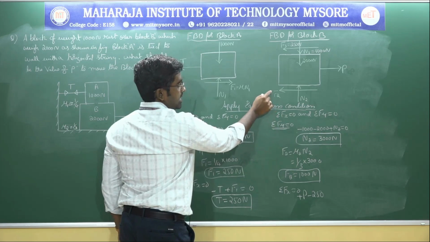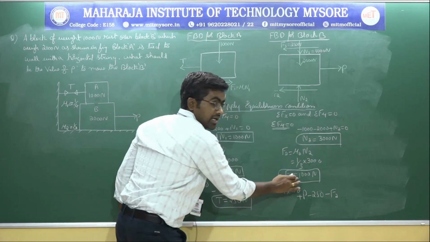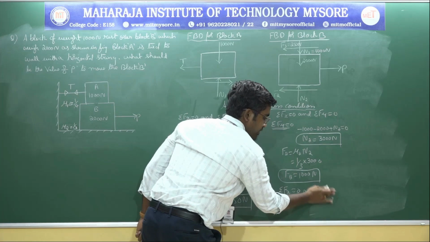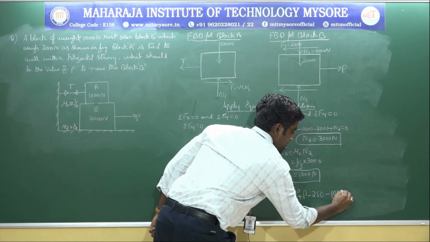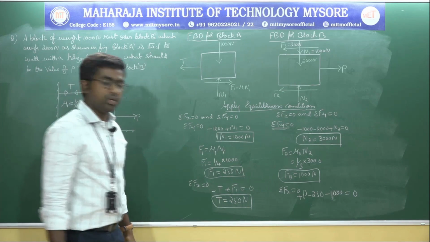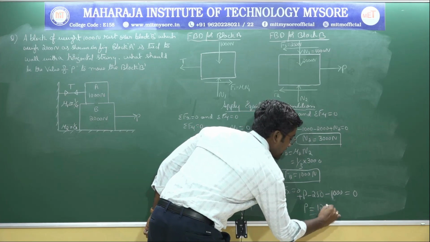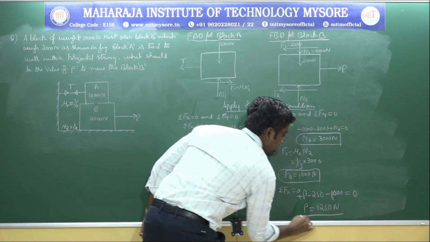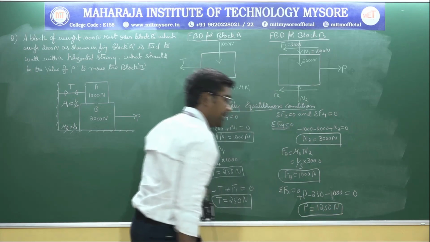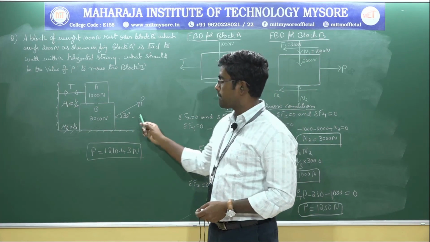Then minus F2, and F2 value here will be equal to 1000. Let me substitute 1000, is equal to 0. So now the P value will be equal to 1000 plus 250, that is 1250 Newton is the value of P. So let us move to the next one.